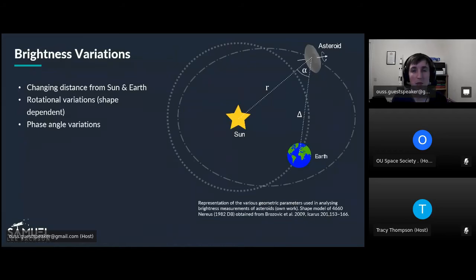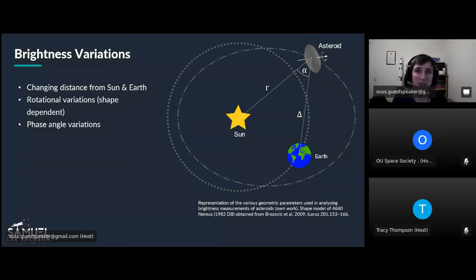So the next thing I want to talk about is what we actually measure in the images that we get from these telescopes. So we want to measure the brightness variations of the asteroid, mainly. And there are three main things that cause brightness variations of asteroids. So as an asteroid changes distance from the Earth and the Sun, say if it's closer to Earth, it would be brighter, for example.